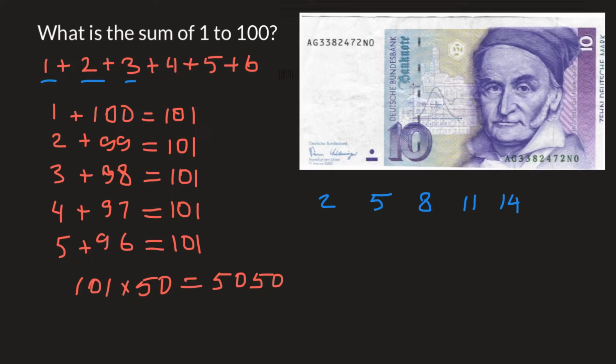In mathematics, an arithmetic progression or arithmetic sequence is a sequence of numbers such that the difference between the consecutive terms is constant. So again, we can now use a formula, and here is the formula.